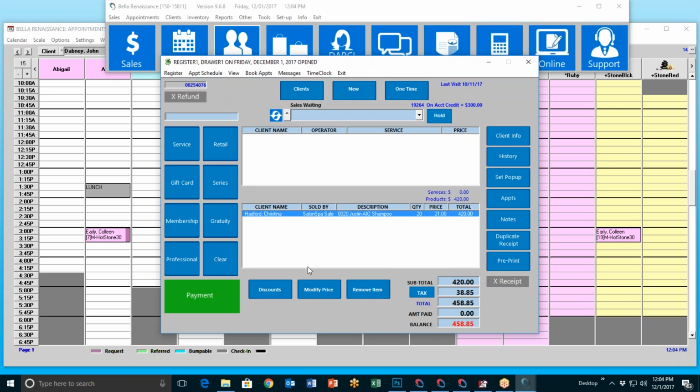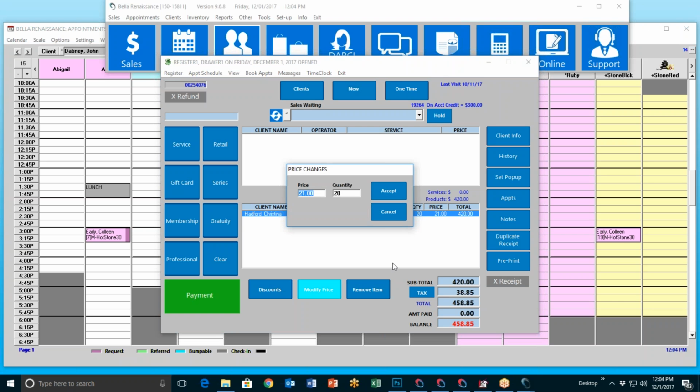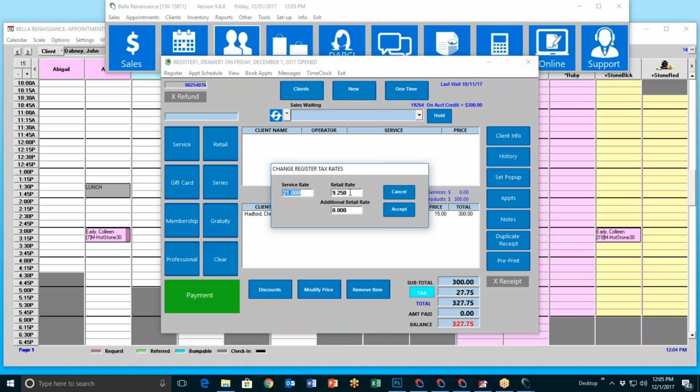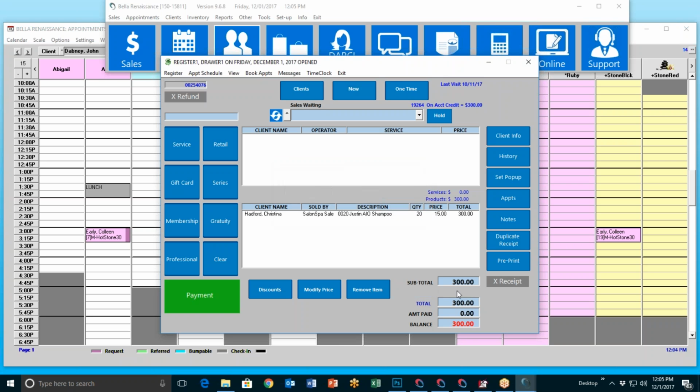I'm going to modify this to $300. Oh, my quantity. 20 times 10 is 200, so 20 times 15 is $300. Okay, $300. I can also, by the way, adjust my tax temporarily so that she doesn't have to pay that, because you might have already accepted that when she paid originally.